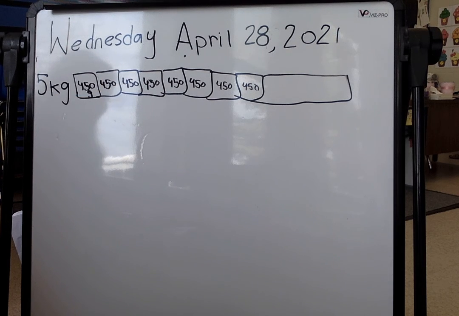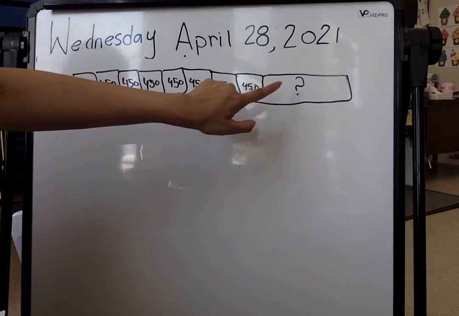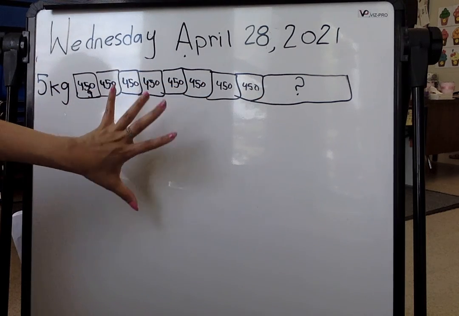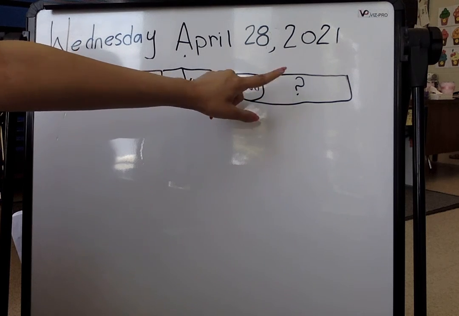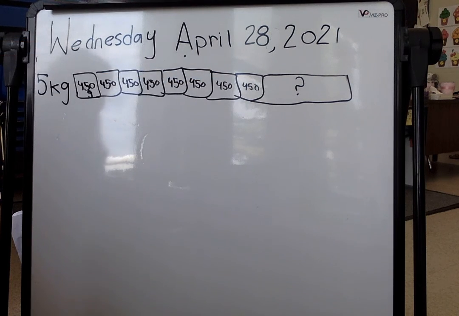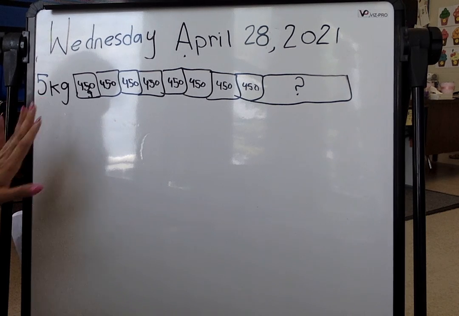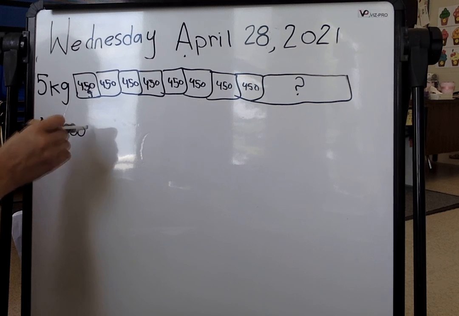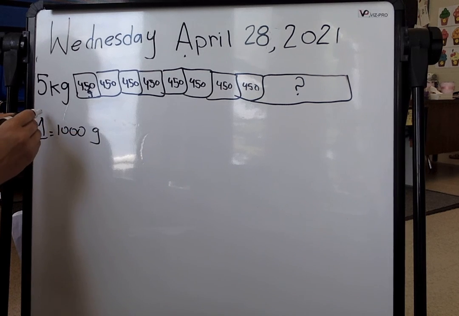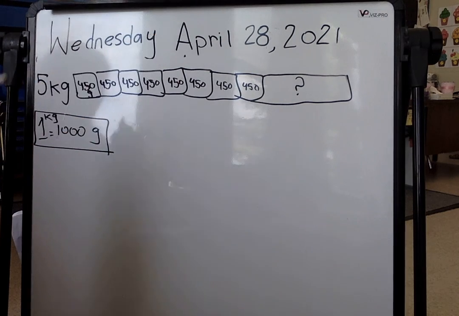Now they're saying find the weight of the potatoes. So we are trying to find this, because these are potatoes. We know there are 8 bags of onions, each weighing 450. But all together we know that they weigh 5 kg. 1 kg equals 1,000 grams, which means how much does it weigh altogether?